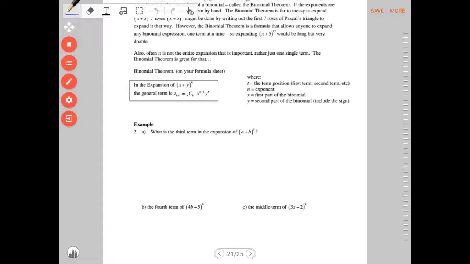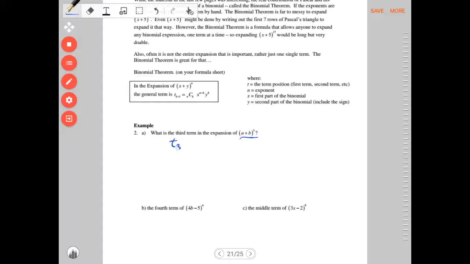I know this is brand new, so we'll go slow. So what is the third term in the expansion x plus y to the 5th? Okay, so the third term, remember back from Math 20, we would say T3 for the third term in an arithmetic or geometric sequence. Perfect. Well, that's not how the formula is written, though.